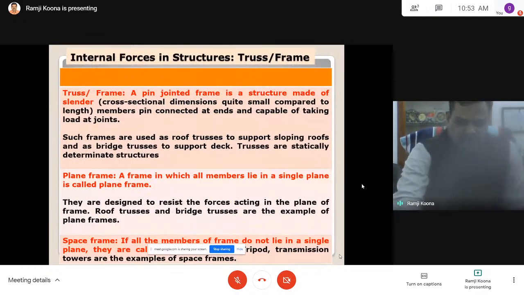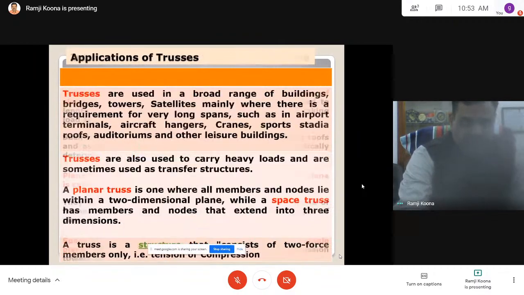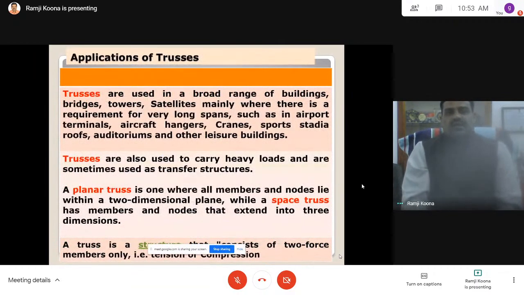Here, this is the previous slide only. Trusses are used in other applications. You can see them in buildings, bridges, towers, satellites. Satellites, the cantilever-like solar cells and other things you can fix with trusses only, or a frame, depending upon the requirement, what type of loads you are resisting.